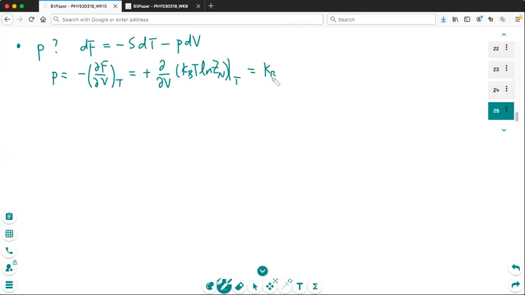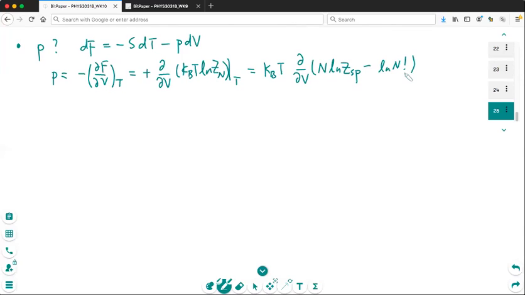You have kBT, and you have the log of the system partition function. I don't want to write this anymore, you know what I meant. So this is n log z and then log n factorial.